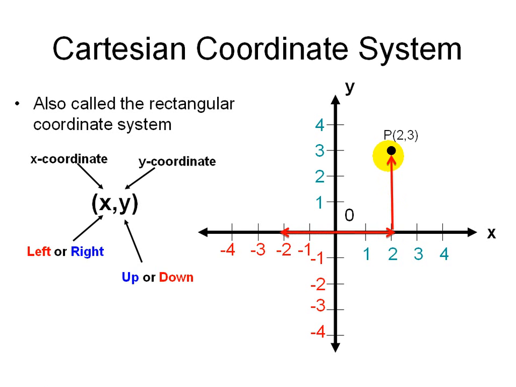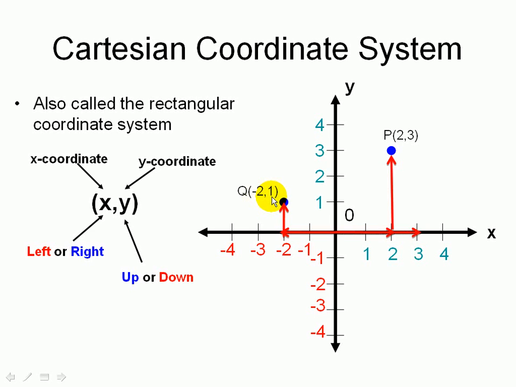Here's another point where we go in the negative direction. We go to the left 2 steps. Remember, this negative number can be interpreted as the opposite direction with respect to this origin, and then we go up 1. So this point Q is described as having an x-coordinate of -2 and a y-coordinate of 1.